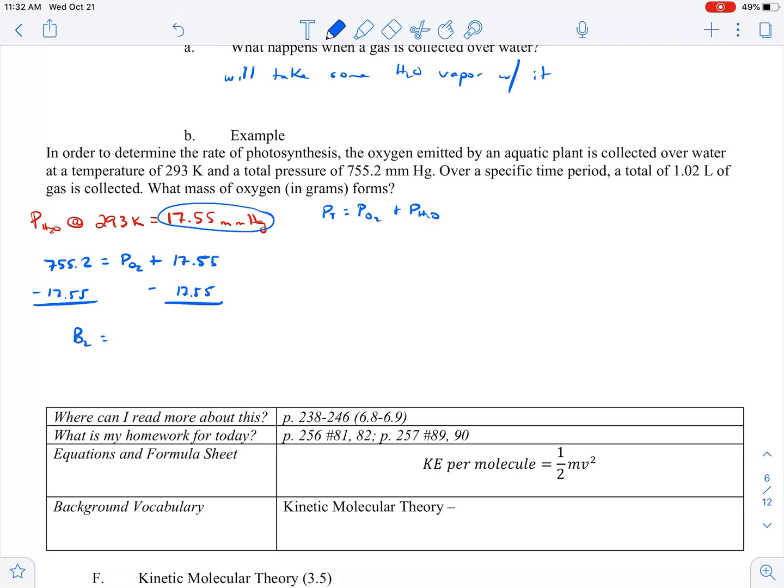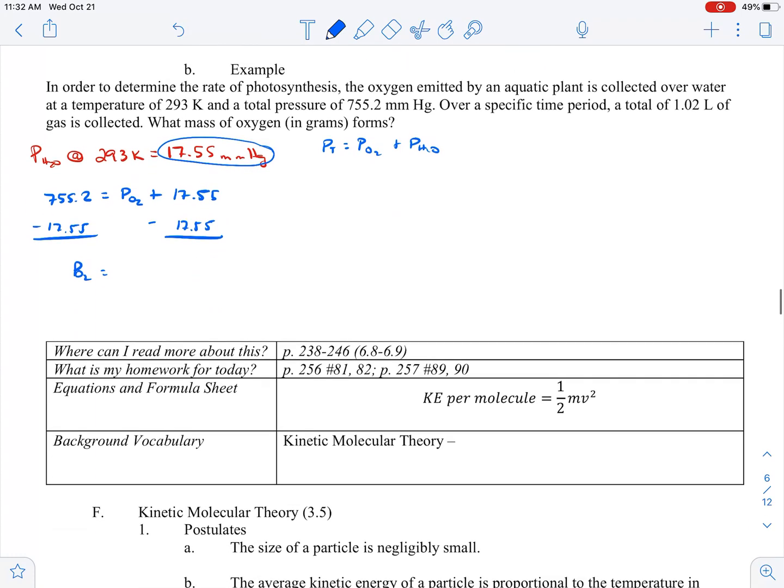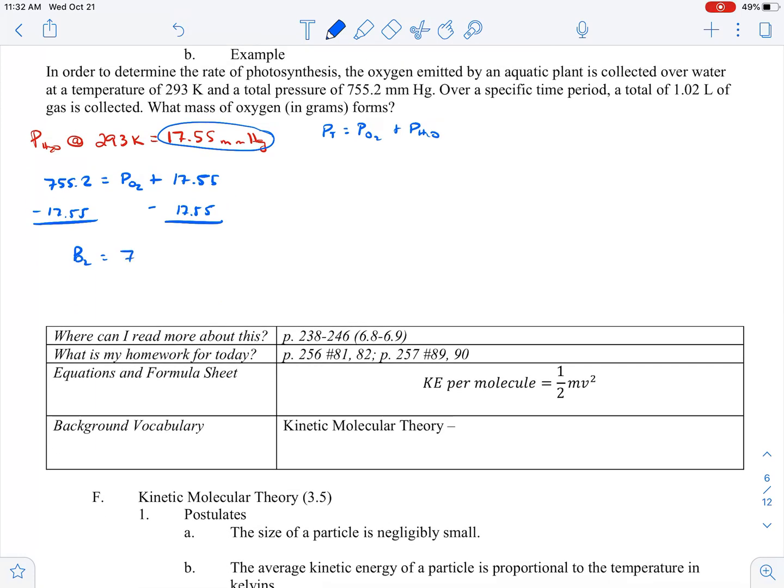Okay, so we're going to take 755.2 minus 17.55. This gives us 737.65 mmHg, and that's based on our oxygen. Right?